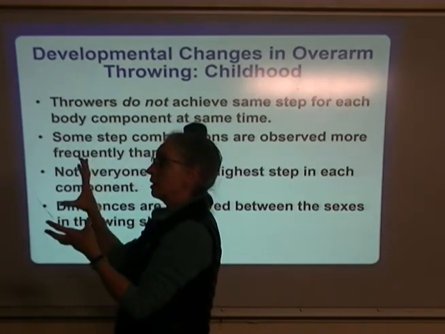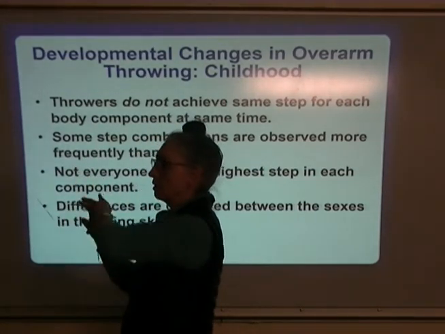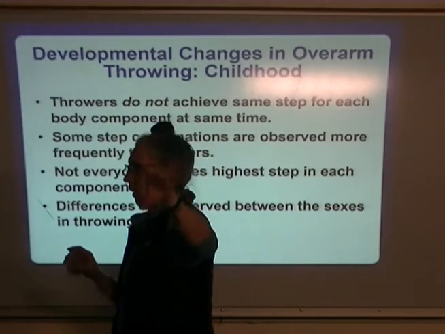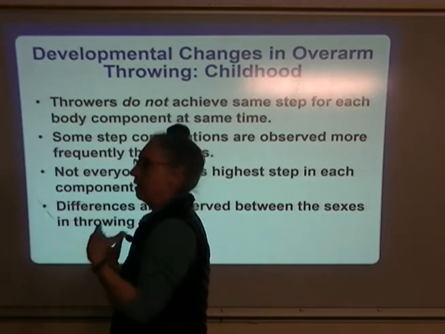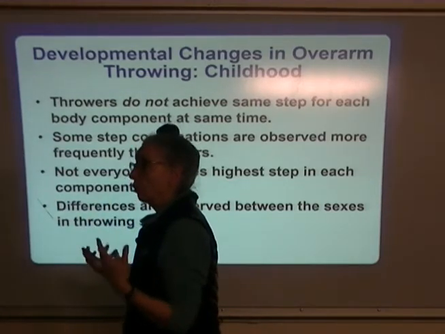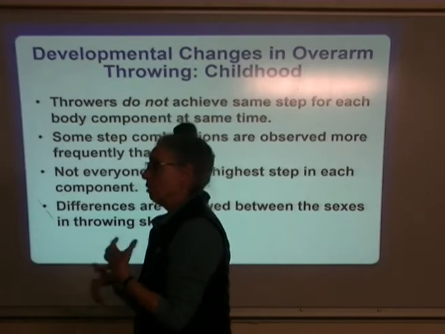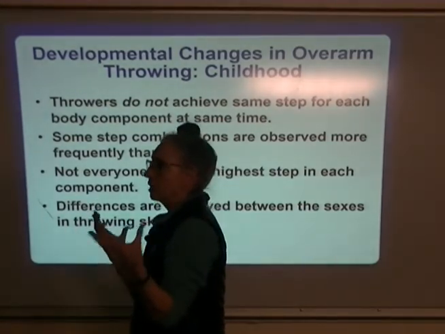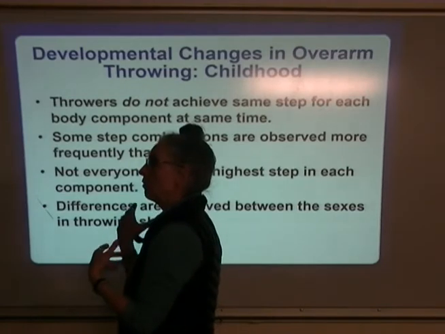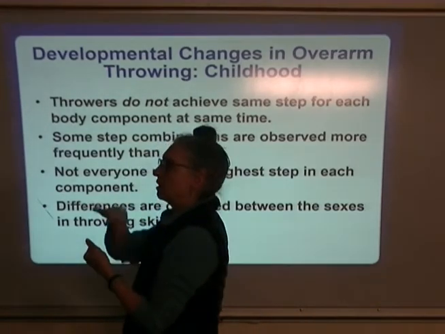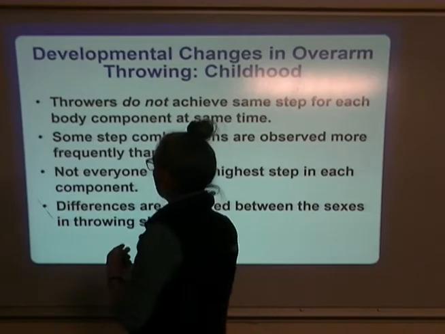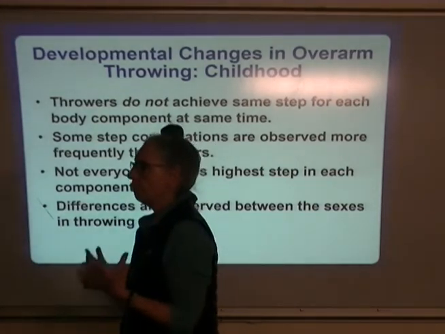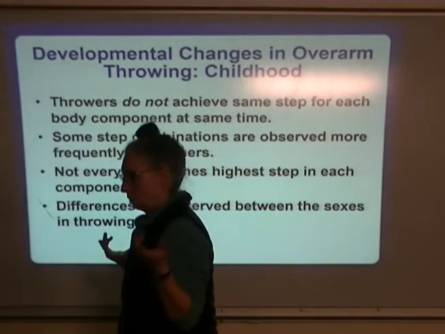Okay? And this is one of the interesting arguments against that maturational theory from way, way back that said that motor skills just occur, right? We don't have to teach them, we don't have to practice them, they're just going to happen. And so one of the negative effects of that is that a lot of people just think kids are going to throw. If you give kids a ball, kids will just throw, right?